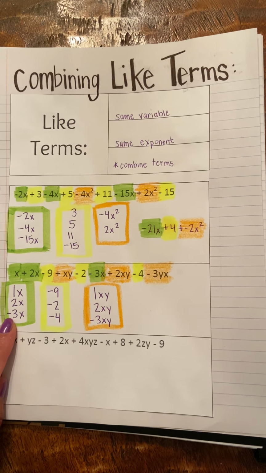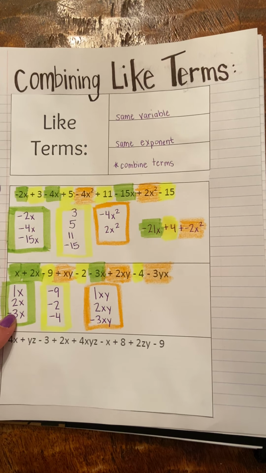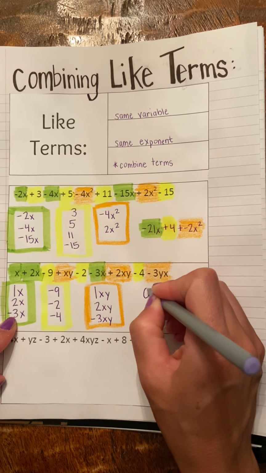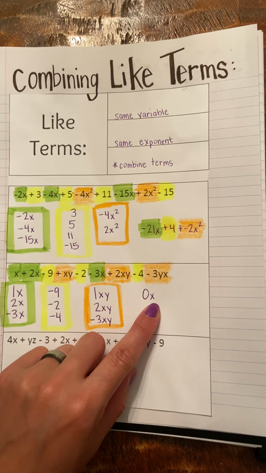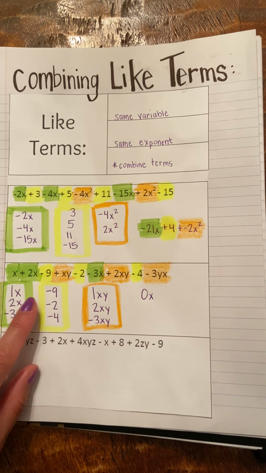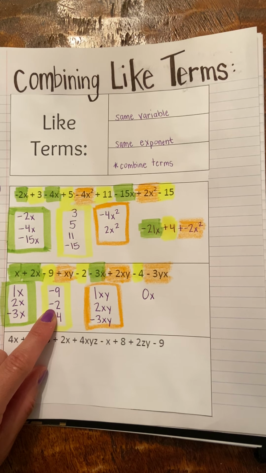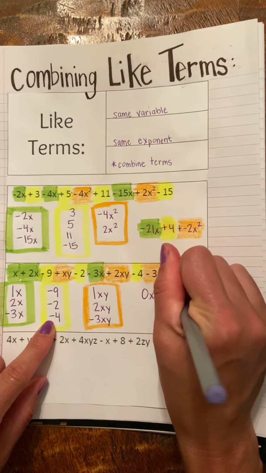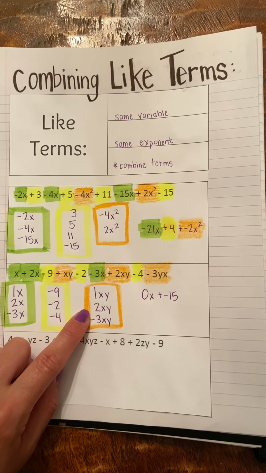All right, so let's add these. So that's 1 plus 2 is 3, but then plus a negative 3, that actually is 0. So 0x is our green term. And anything times 0 is just 0. So we're actually not going to write that. We have negative 9 plus negative 2 is negative 11, plus negative 4 is negative 15. And then we have 1 plus 2 is 3.